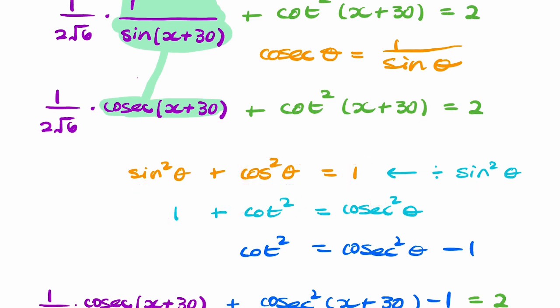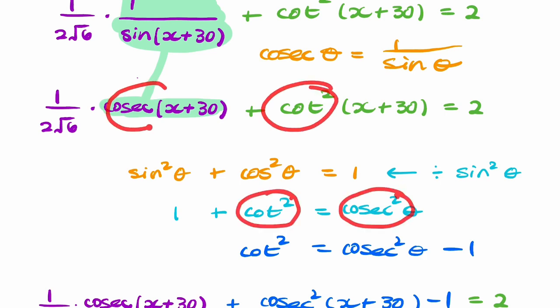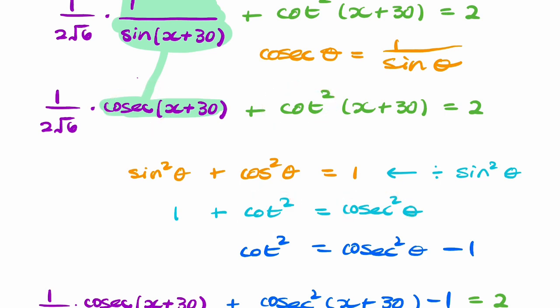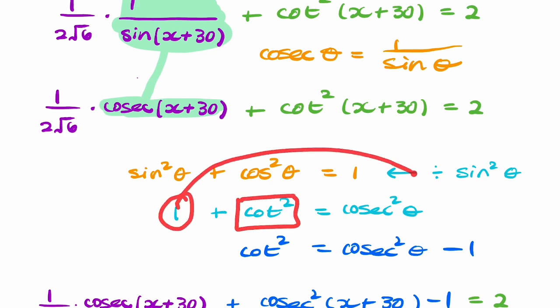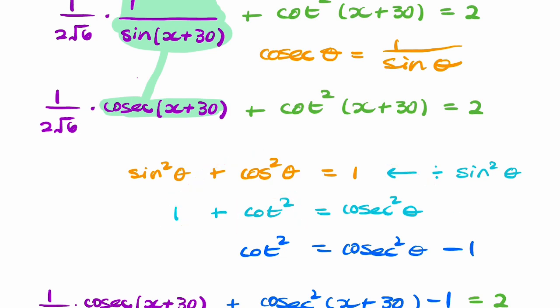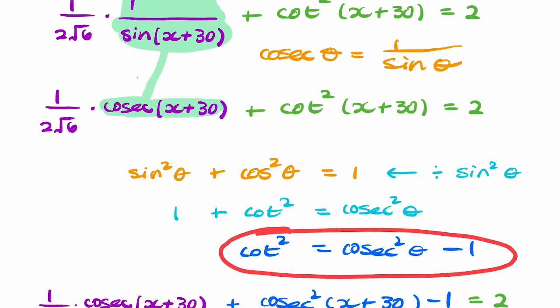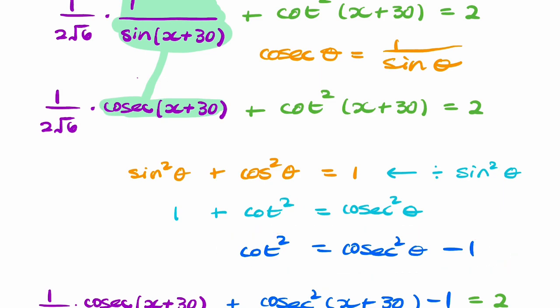And that's a relationship between cotan and cosecant. So I can rearrange to find cotangent squared. So now I know cotangent squared is cosecant squared minus 1. And I think I forgot the theta here and here.